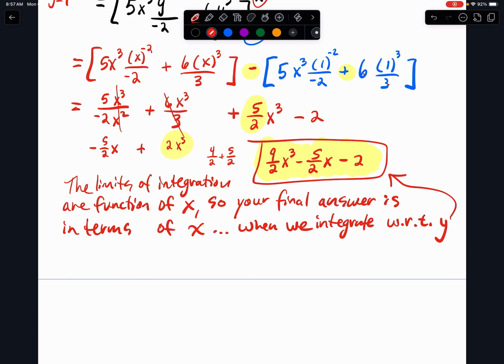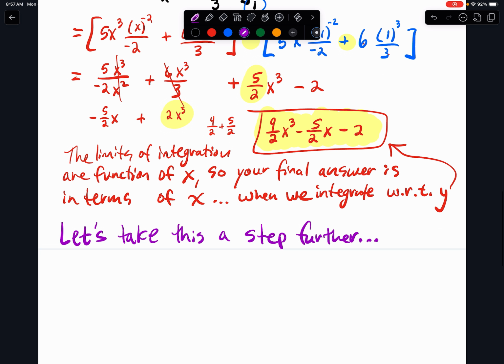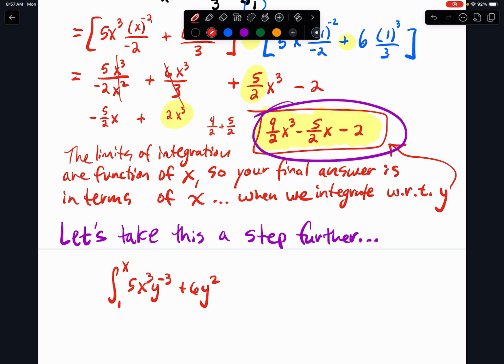So let's take it one step further. Let's take this a step further. How do we do that? All right, let's take our answer here. Okay. Which, if we think about it, this was equal to the integral from 1 to x, 5x cubed, y to the negative 3, plus 6y squared dy.